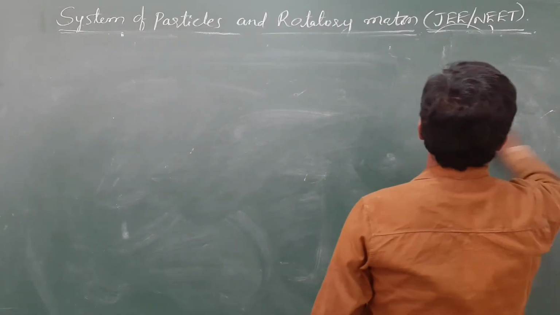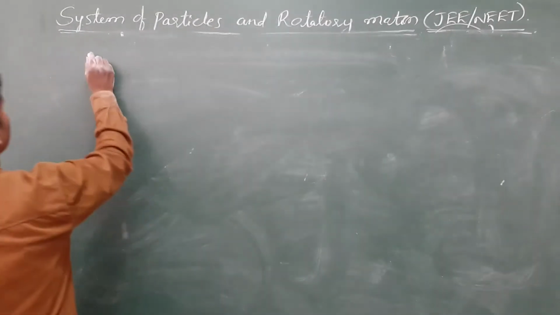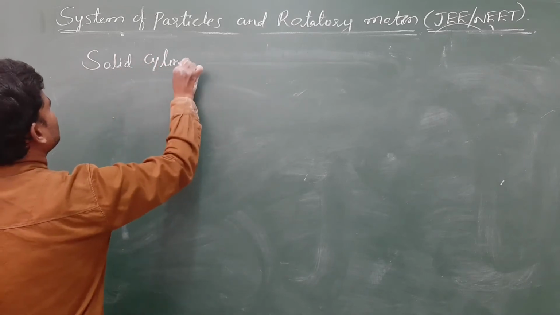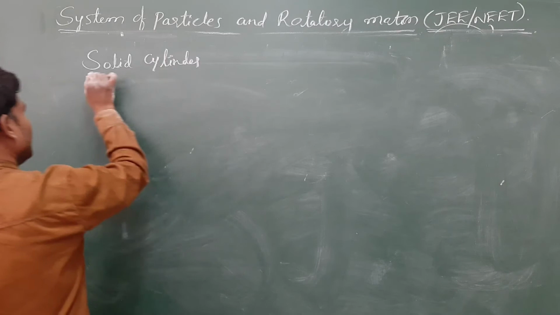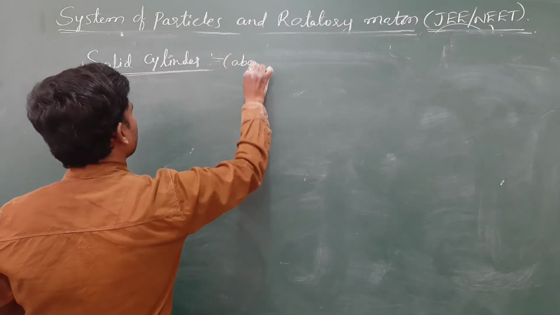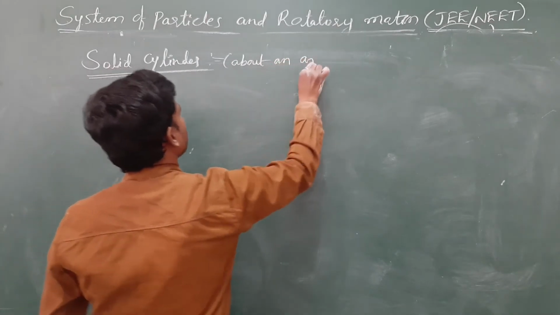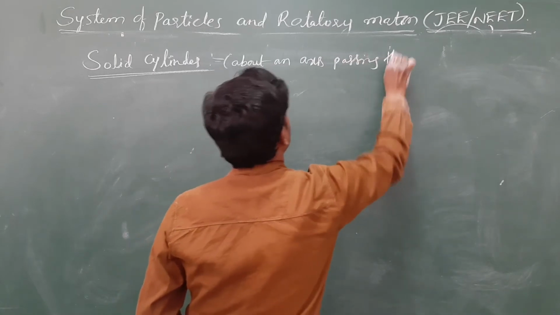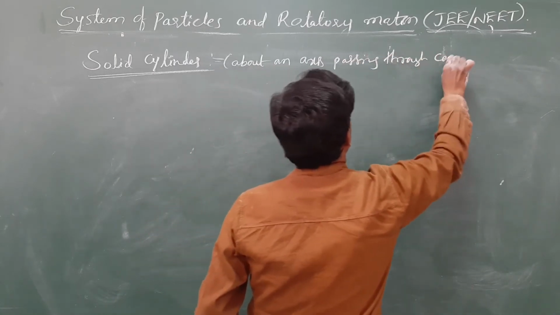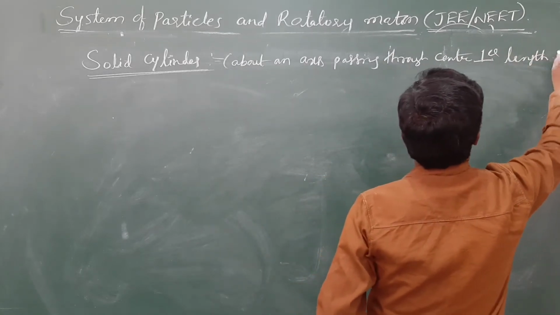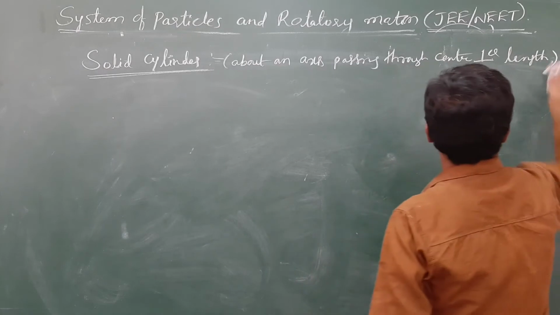Moment of inertia of a solid cylinder of length L, radius R, and I am finding it about an axis passing through the center, perpendicular to the length of the cylinder.